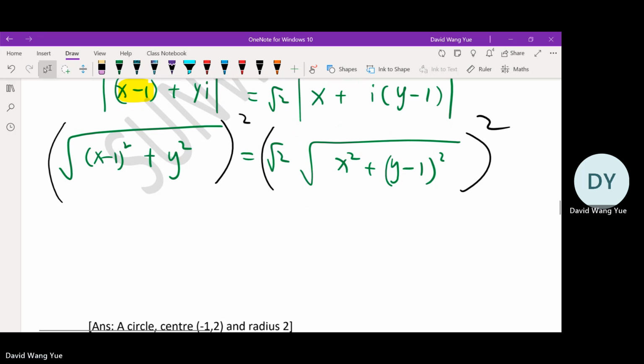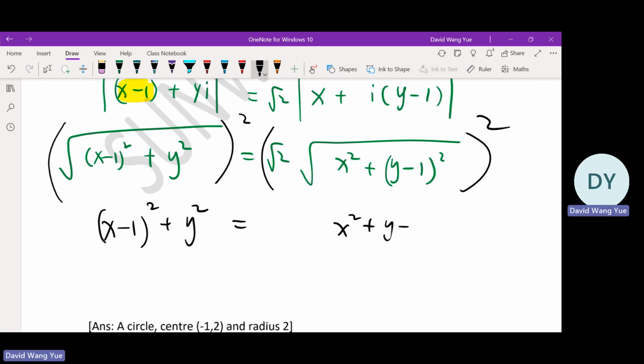Because the square of the square root becomes no more square root, just the part under the square root. And for the right-hand side, be very careful. Don't forget this root 2. Root 2 squared is 2.